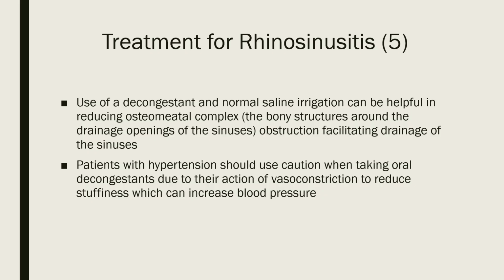This is the bony structure around the drainage openings of the sinuses. So, reducing obstruction will facilitate drainage of the sinuses. Patients with hypertension should use caution when taking oral decongestants due to their action of vasoconstriction to reduce stuffiness, which can increase their blood pressure.